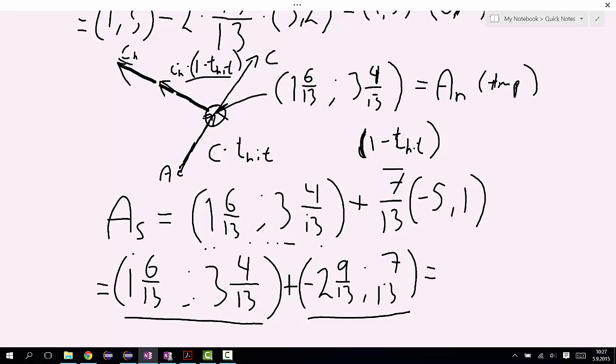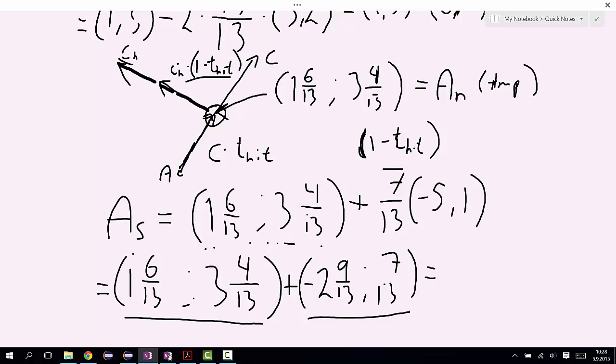This gives us, however, okay, 9/13 subtracted from 6/13. That's, okay, so we have 10/13 left. Minus 2.